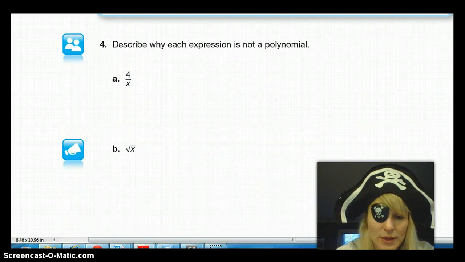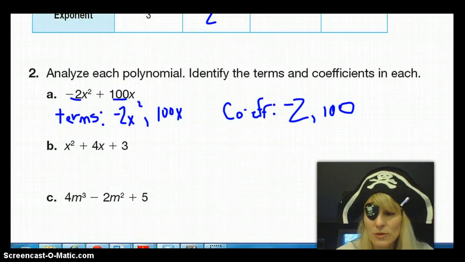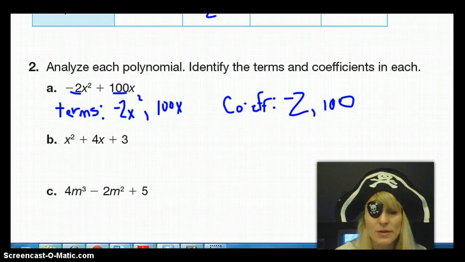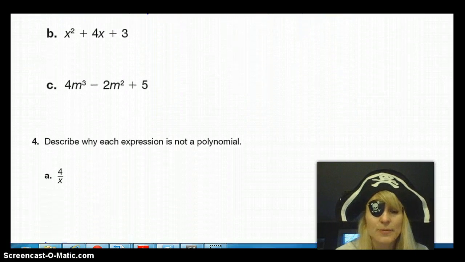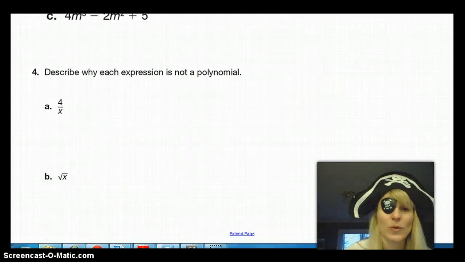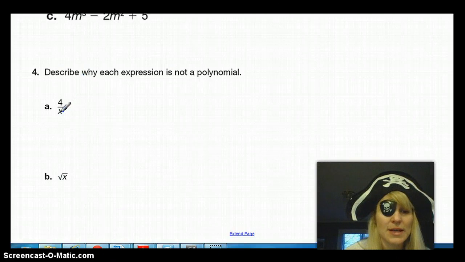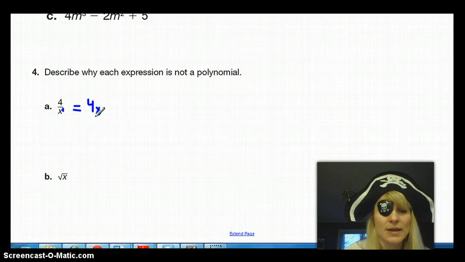So let's look at 4 here. 4 wants you to explain whether these are not polynomials. Going back quite a while ago, we learned that if you wanted to take this and bring it up, it switched its sign. Right now it's 4 over x to the 1 power. I could change this to 4 x to the negative 1 when you bring it up. So this makes it not a polynomial because it's a negative.